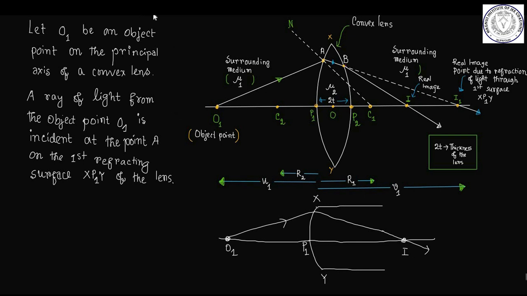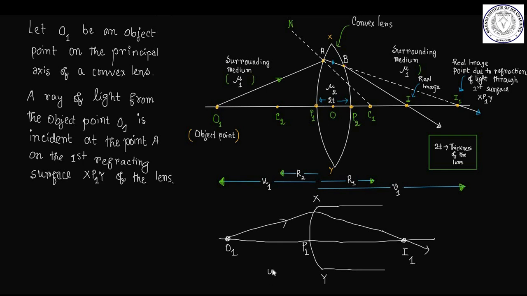Only the first refracting surface XP1Y encloses the denser medium, and the refracted ray in the denser medium forms real image I1 in the denser medium of refractive index mu2.